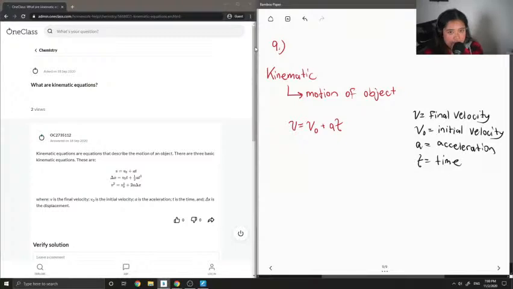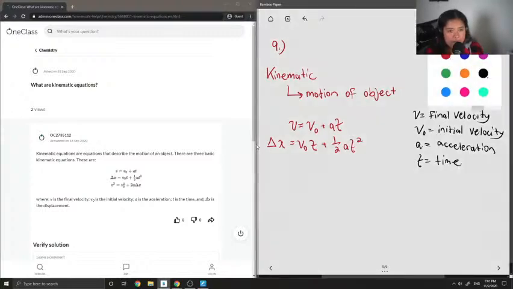And then I'll write out the other two kinematic equations. You can also have delta x is equal to initial velocity times time plus half a t squared. So I'll also label that delta x. That just stands for displacement.